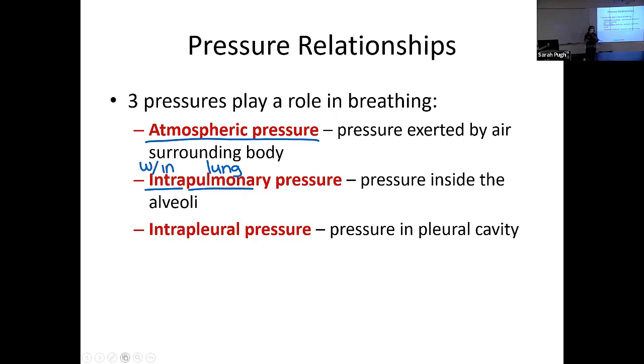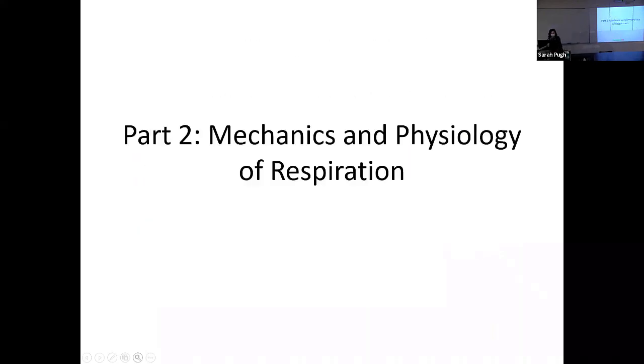There is one other pressure that's important here, and it is the intrapleural pressure. Again, intra means within. Pleura is the cavity. It's the space. It's that pleural cavity. So let's go back to a picture to remind you what that cavity is.